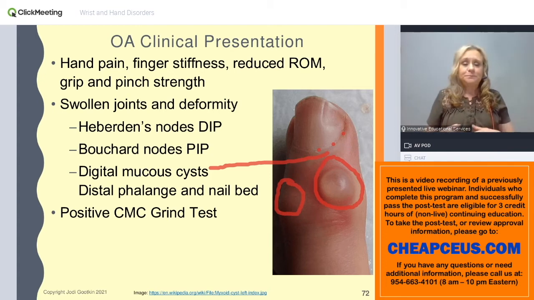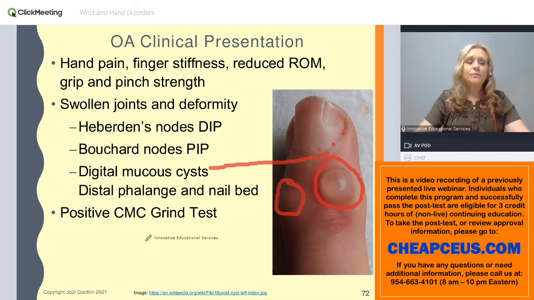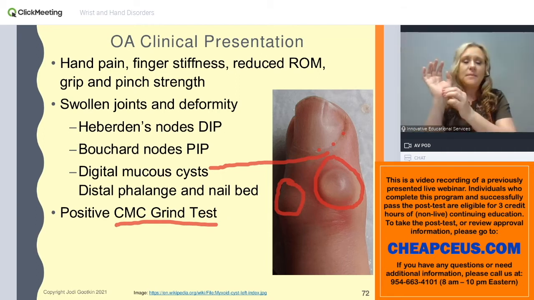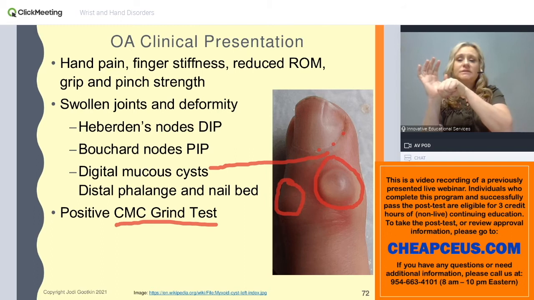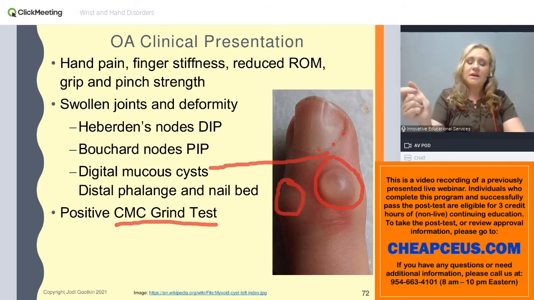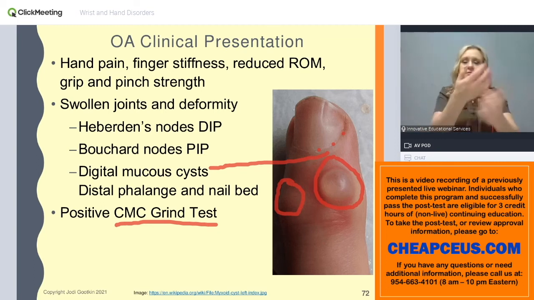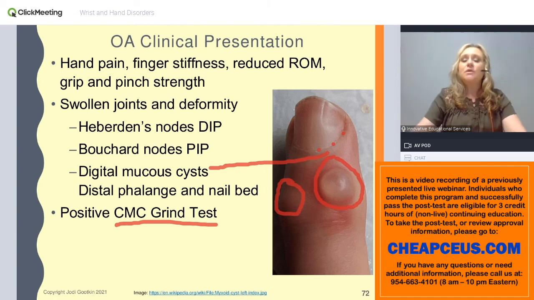What they're finding is that this is a communication coming out from that deteriorating synovial joint, and it might be an indicator of that osteoarthritis. Carpometacarpal osteoarthritis is common of the thumb, and a grind test can be utilized in order to assess for that. When patients have that kind of non-specific pain in this region here, we do want to distinguish carpometacarpal arthritis from that de Quervain's tenosynovitis that we discussed.